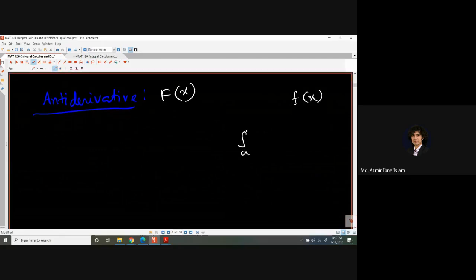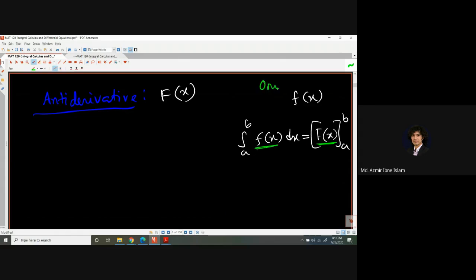If we integrate f of x with respect to x, we will get the antiderivative. So the process of finding antiderivative is called integration. But there is a relation between the antiderivative capital F of x and the original function f of x.